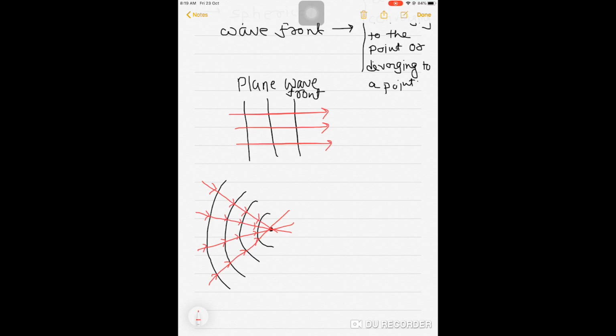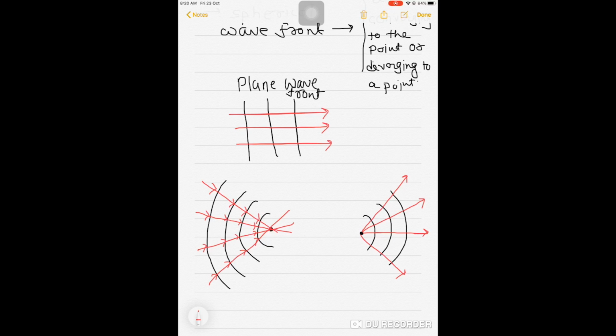So they are converging, as well as if a point source is given in such a way that wavefronts are coming out from that, it can also have this nature. So this red one is obviously a ray, and here I can draw a line like this, emerging out and perpendicular to a plane on a local level.